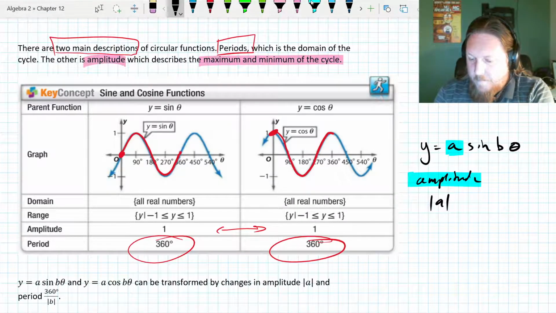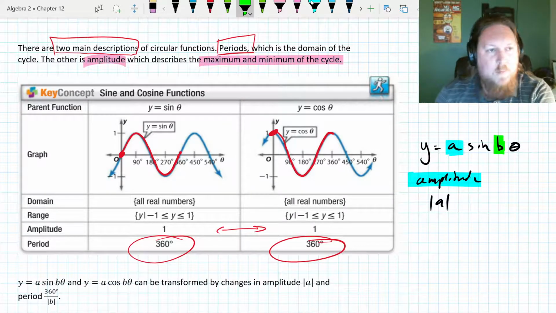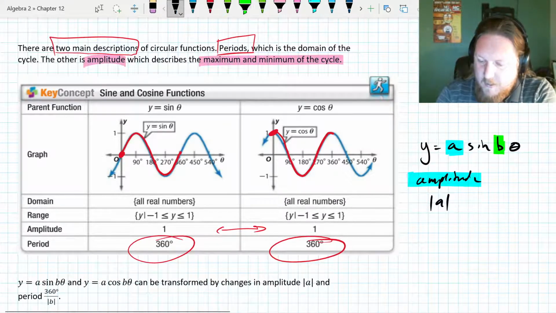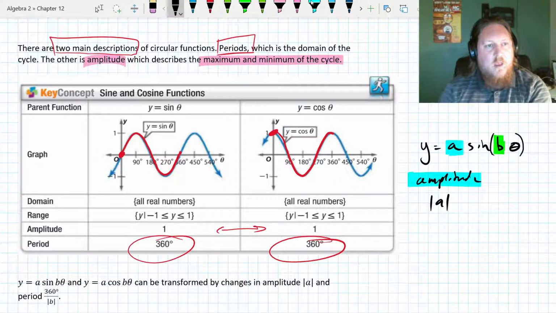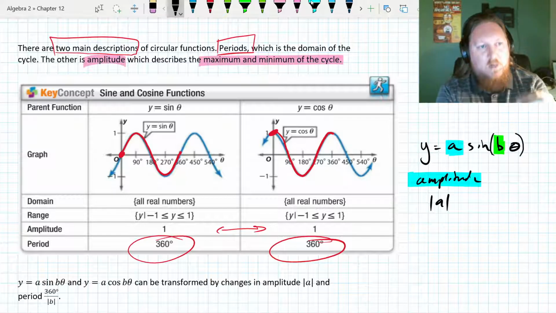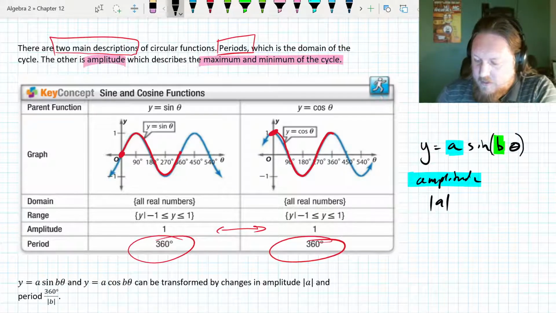For the second part, you can see we have a number being multiplied by the input. We don't write it here, but sine is a function, so whatever angle you're putting in, you're multiplying it by this value b, and that is actually going to determine the period.